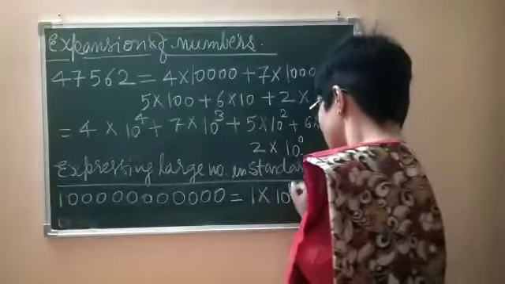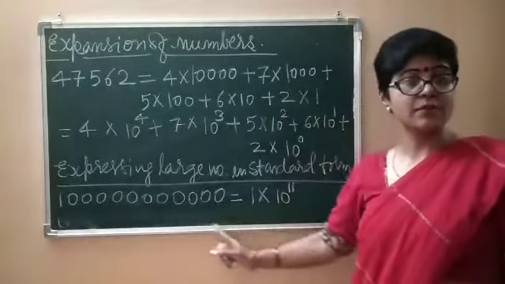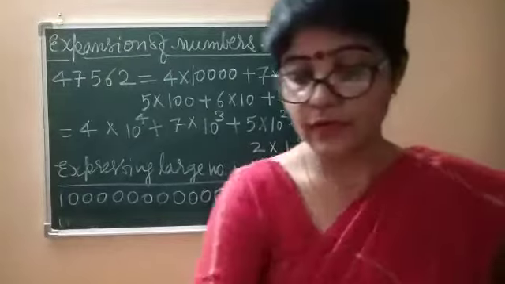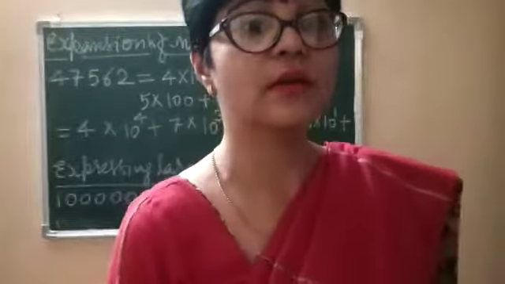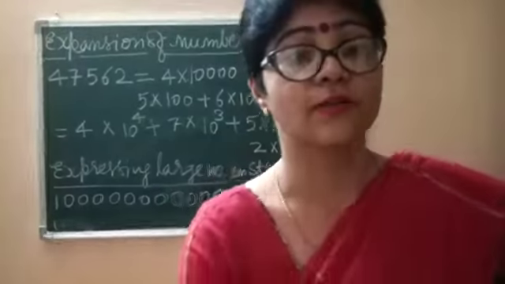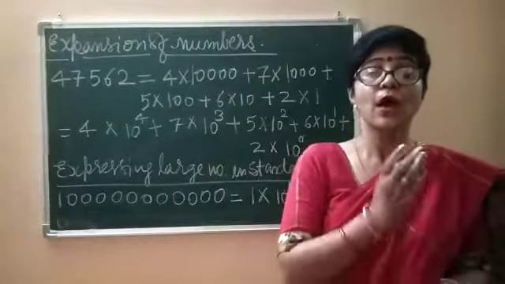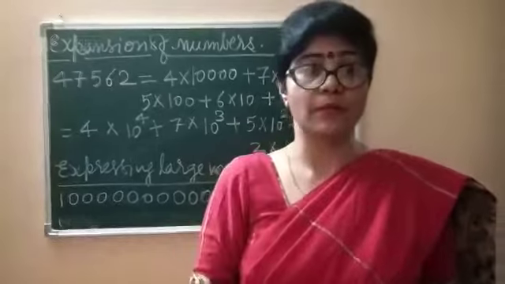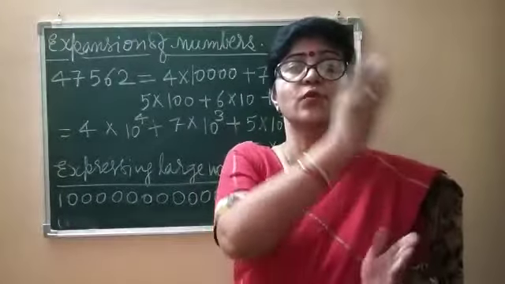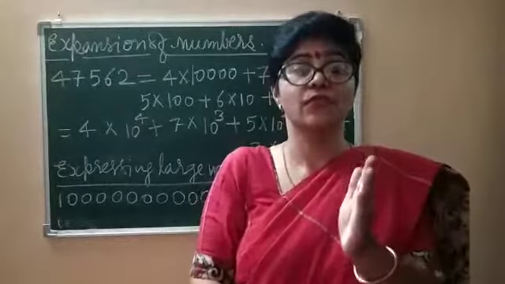So 10 raised to the power 11. We have expressed it in standard form. Now we will see a few more numbers and how to express them in standard form. Generally, to express a number in standard form, we write the number in decimal, putting the decimal just after the first digit.